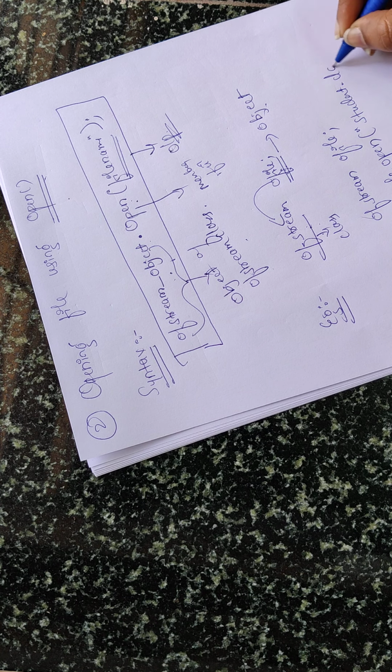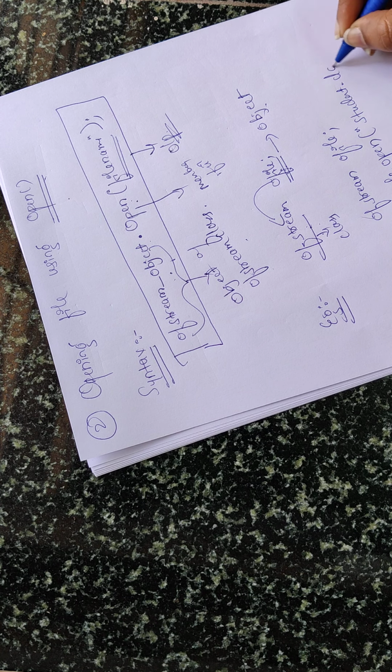In the first line we created the object of this ofstream class, the object name is ofile. Now we have used that ofile object here, and we used the open member function, and in that we passed the file name, that is student.dat. So this is the example to open your file only for output purpose.